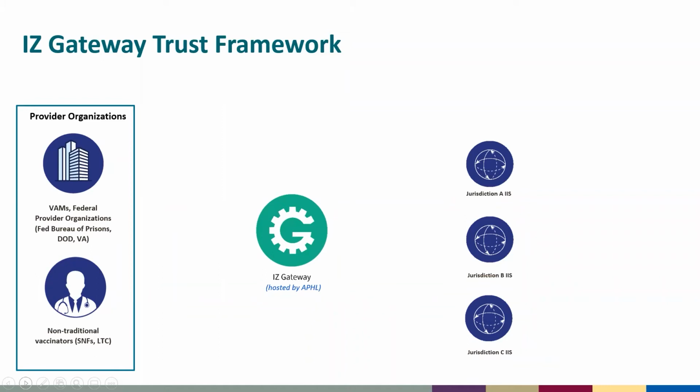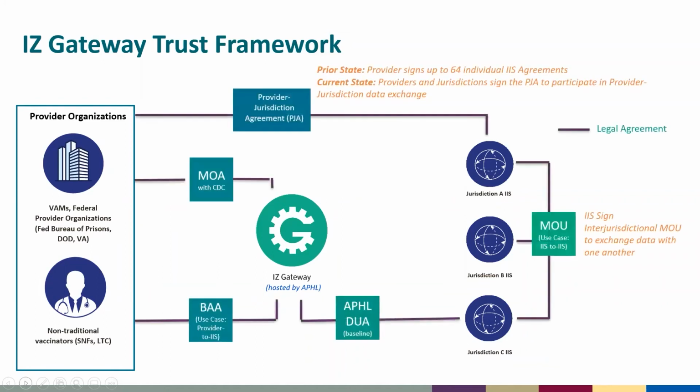So next slide. This now presents all of the legal agreements that are part of this whole framework. So over on the bottom, the APHL DUA, the data use agreement. And if Michelle, you want to circle that to draw their attention to the bottom. So that data use agreement is really, as we say, the baseline for sharing the data.